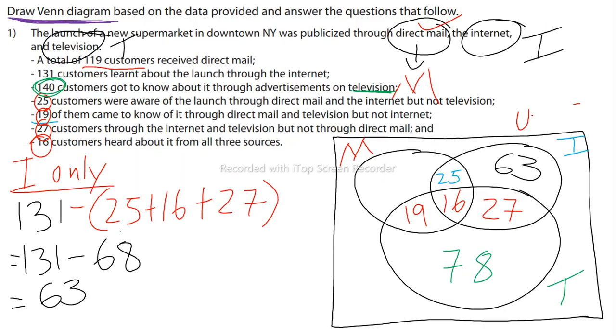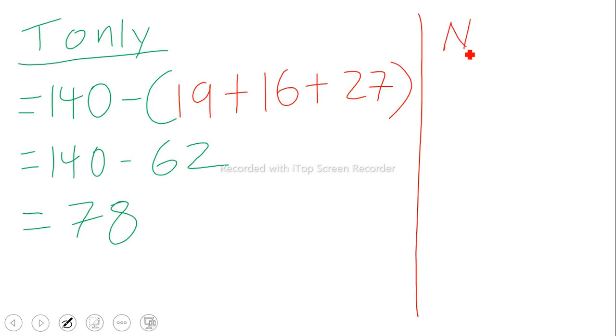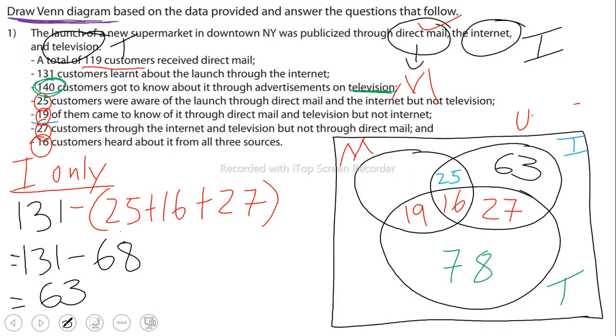That's why I was trying to figure out how we're gonna figure out what is in M. But M only, so let's figure out M only. M only is gonna be equal to, well, we know how much is in M, 119.